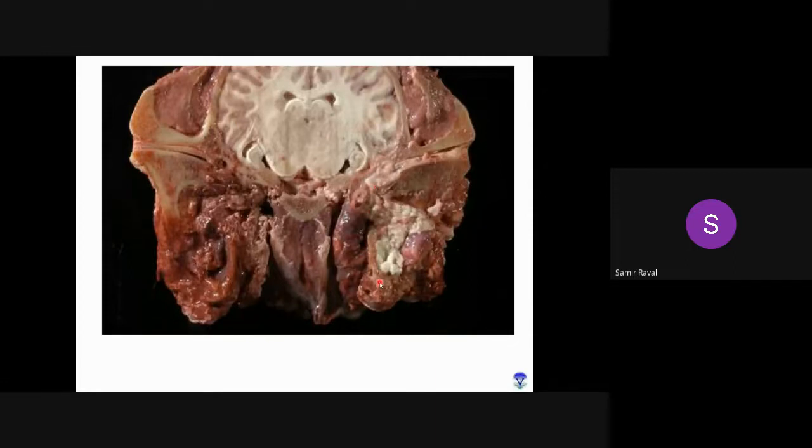Okay, anyone? What type of changes you are able to appreciate in this particular image? We have already discussed all these images. Guttural pouch. Yes, very good. This guttural pouch is filled with pus, so guttural pouch empyema.